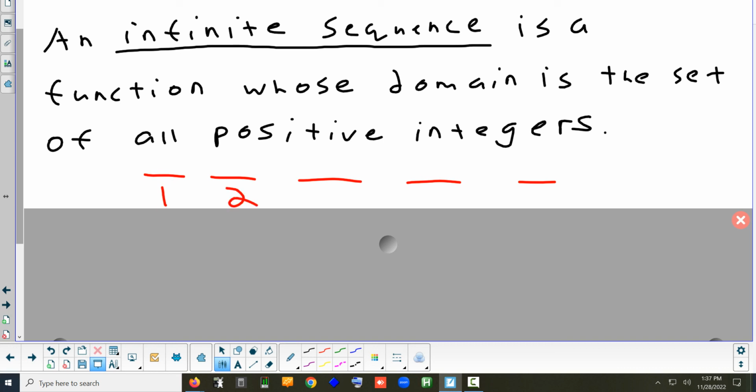The next spot is position 2. There's nothing in between position 1 and position 2 in a sequence. It's like runners finishing a race. There's 3 people. You're going to finish first, second, and third. Nobody can finish in between first and second. You finish first, you finish second. There's nothing in between. That's why we say integers. There are no decimal positions in the sequence.